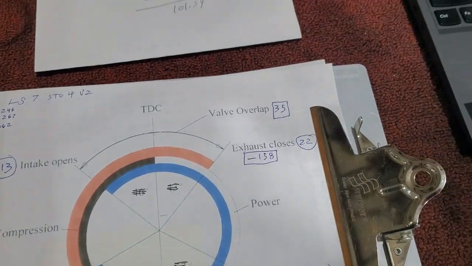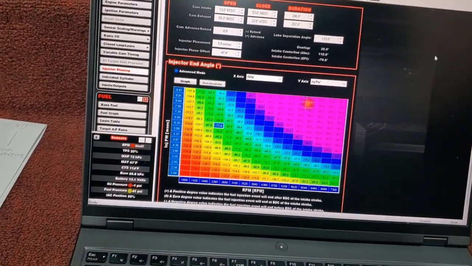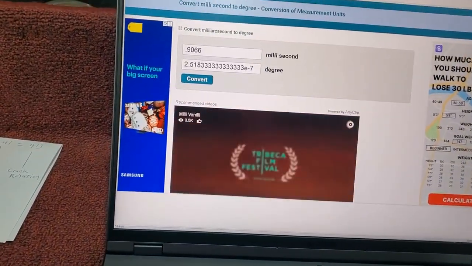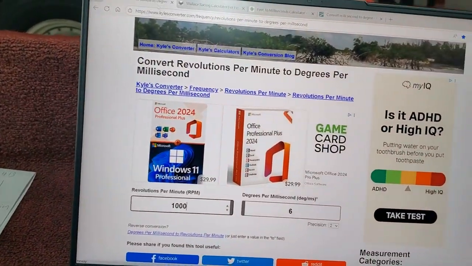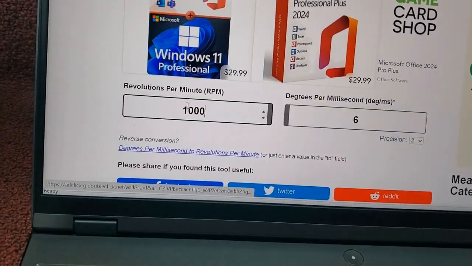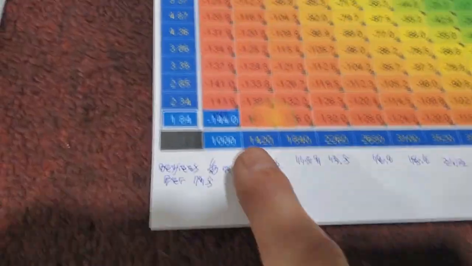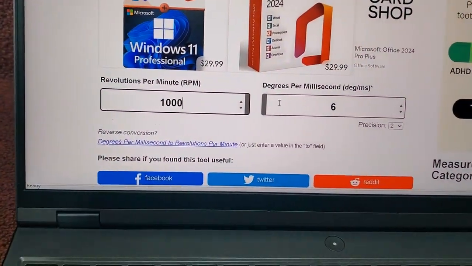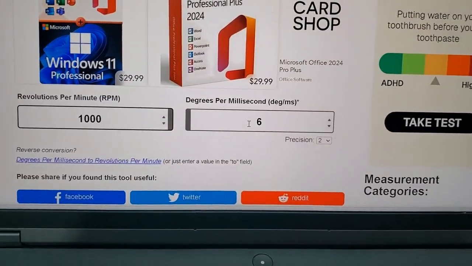So how I do that is, I get my calculator out, and I need revolutions per minute to degrees. For each RPM, you figure out how many degrees per millisecond.